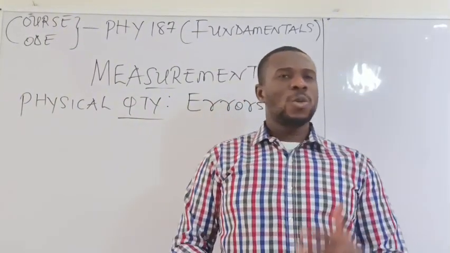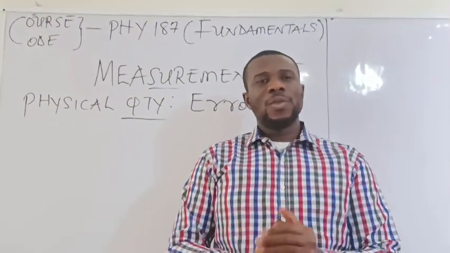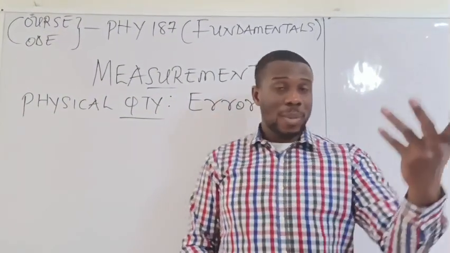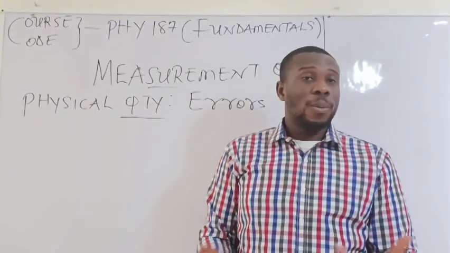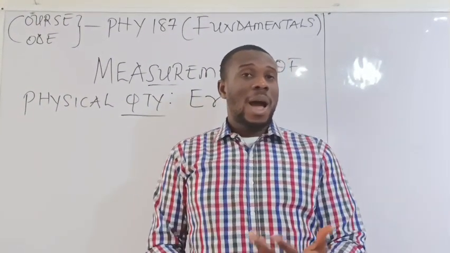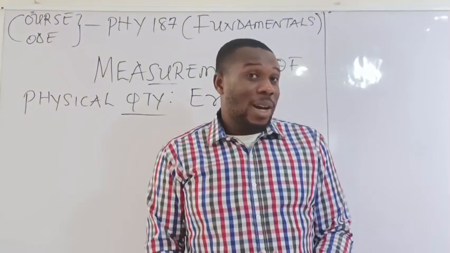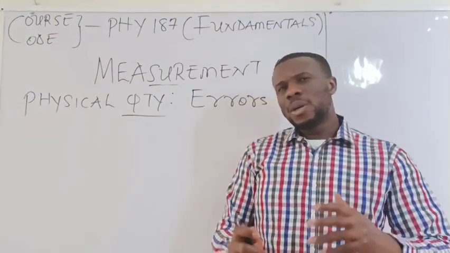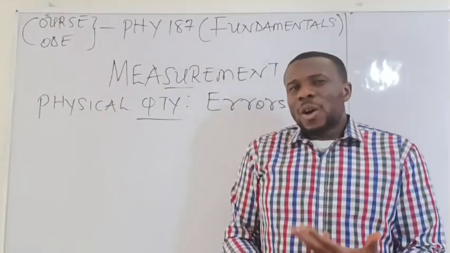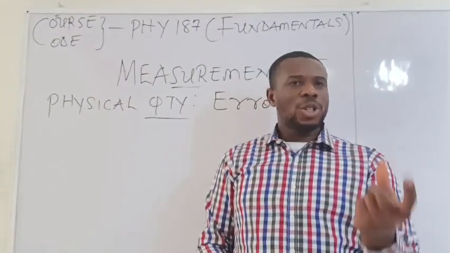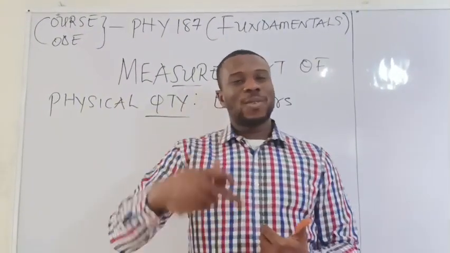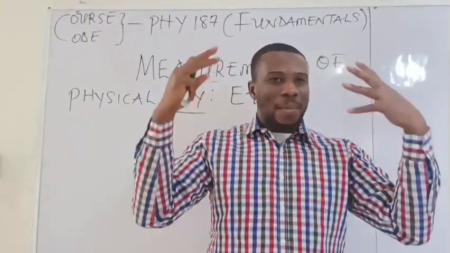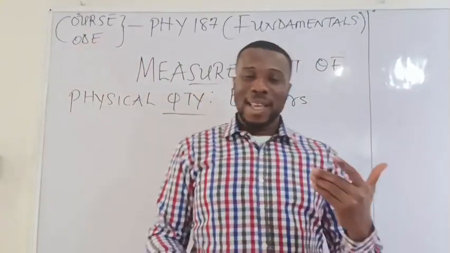You may attest to the fact that if you've transacted with a bank, and they sent you a message to tell you, thank you for banking with us, and a certain amount of money has been deducted from your account, you wouldn't be comfortable with that. You would be interested in knowing how much was deducted from your account, and how much you have left. Why? Because when we concretize things, it makes our world even more fascinating and even beautiful.